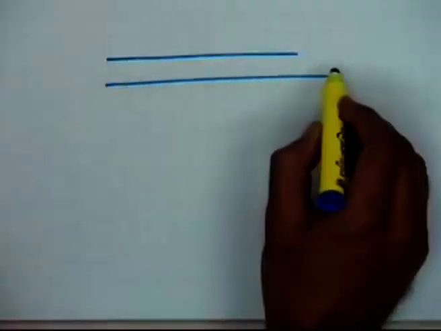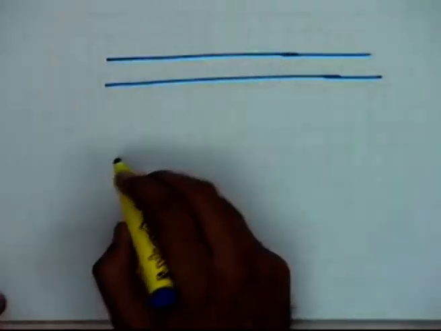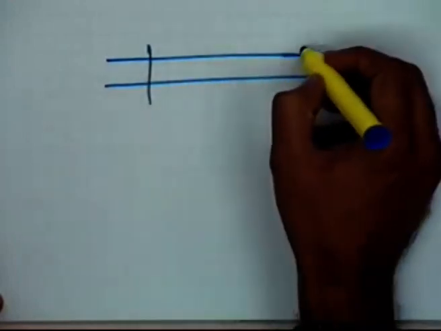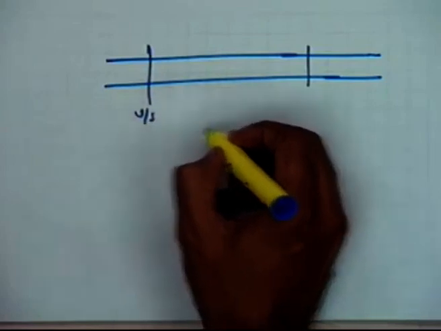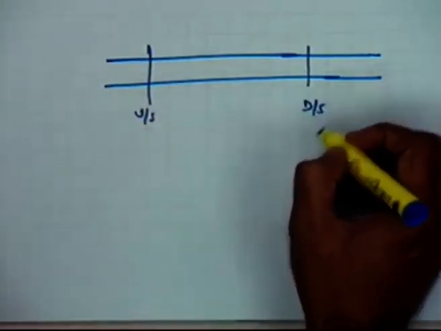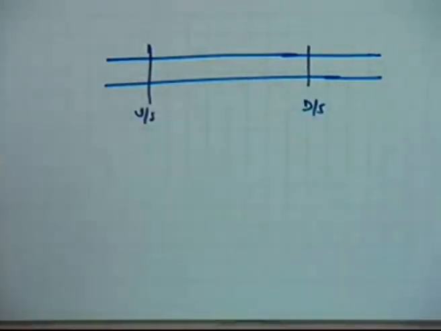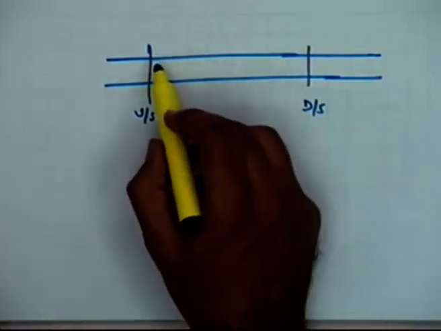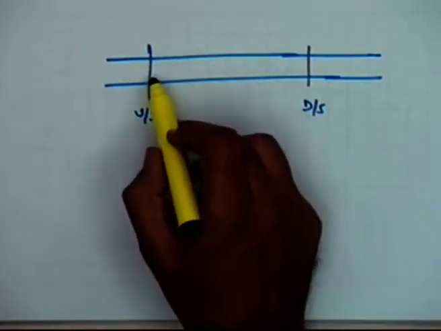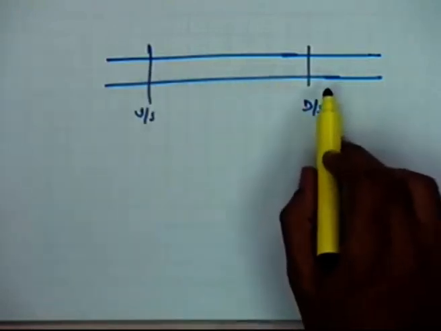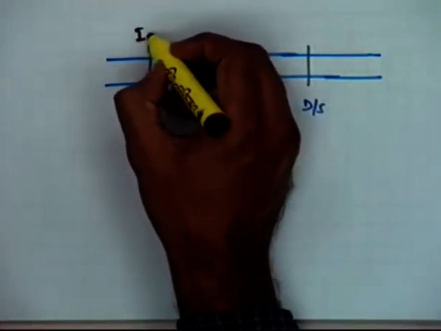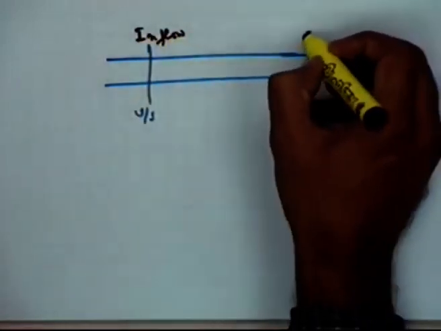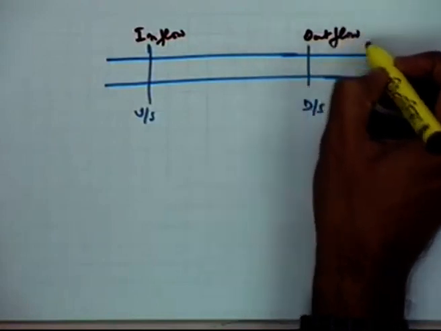Let's say this is a furrow in plan, and I take a segment. This is the upstream location of the segment, and this is the downstream location. I install some device at these two stations which will let me observe how much is the inflow and how much is the outflow.